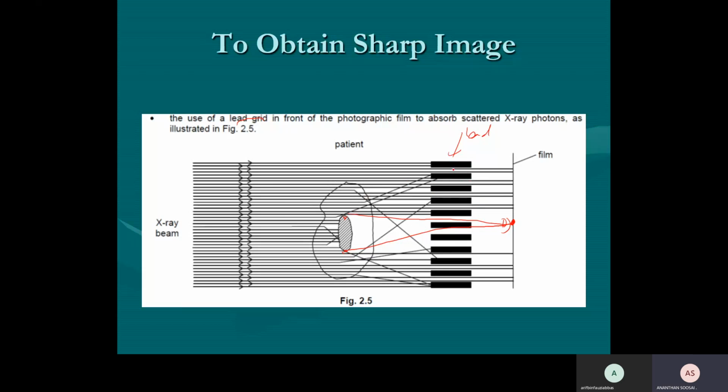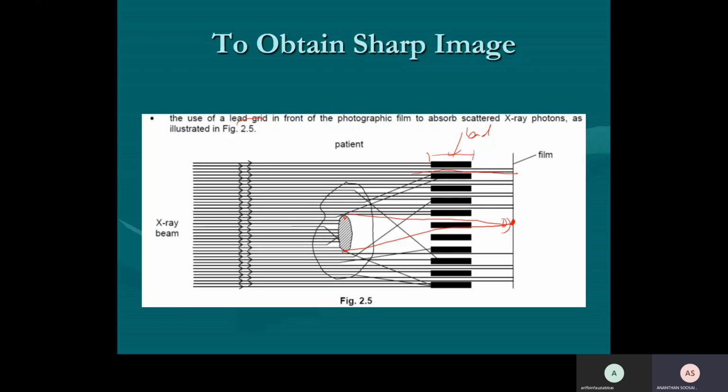The lead grid is like parallel slits over a greater distance. Any X-rays parallel to the lead grid will pass through and reach the film to produce the image. Any diffracted X-ray will be blocked. The X-ray going straight will be allowed, so there is no diffraction making a hole at the center, no false image for the doctor.